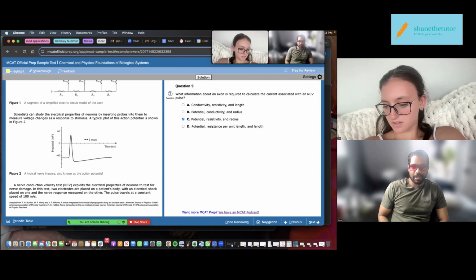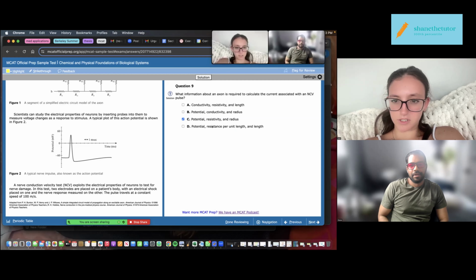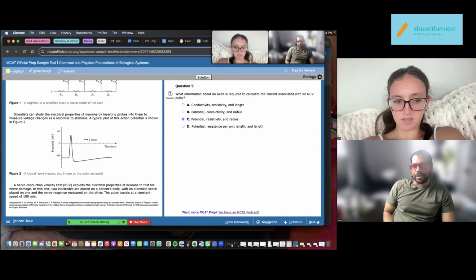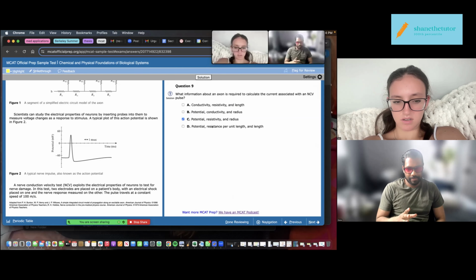So okay, what are they asking us here? What information about an axon is required to calculate the current associated with an NCV pulse? Okay, so we need to find current, right? Pulse is in distance, so that's either length or radius.